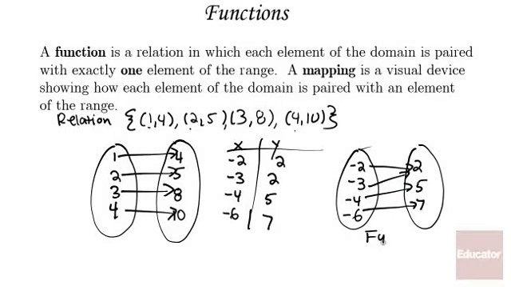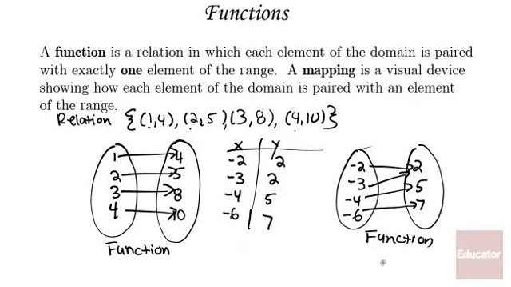This is also a function. So both of these are relations, and they are also functions. It's okay for 2 elements of the domain to be paired with the same element of the range. This is allowed.